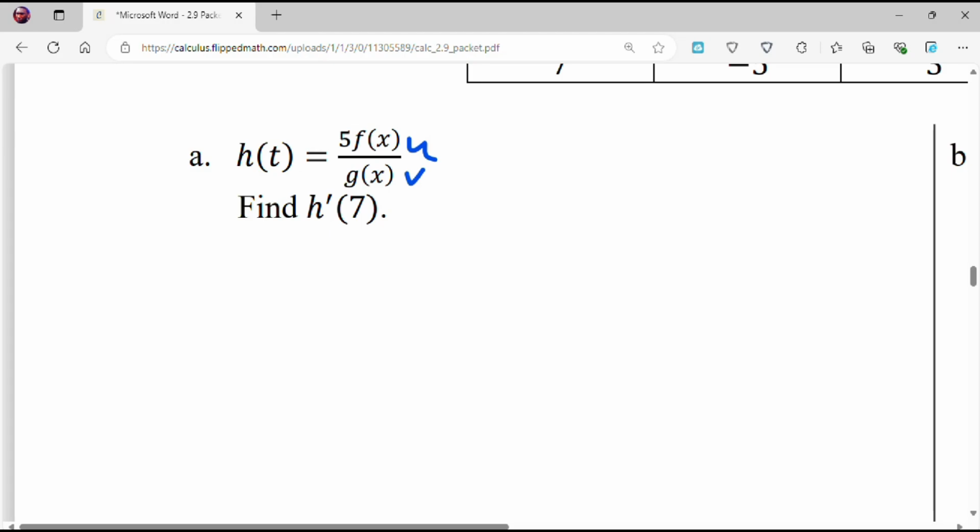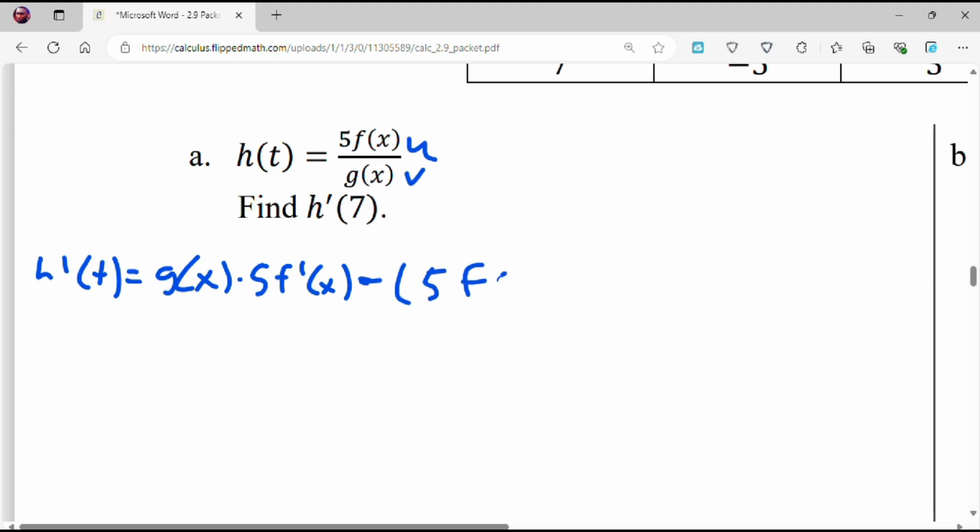So h prime of t equals v u prime minus u v prime.